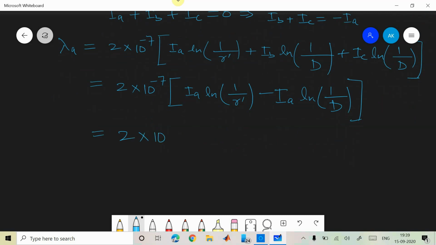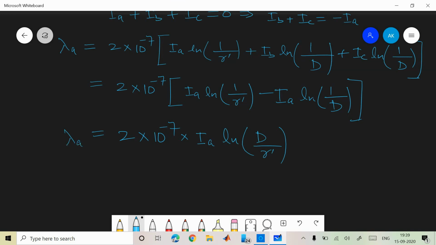It is 2 into 10 raised to power minus 7. Here IA is common. Now what is left is ln 1 by R dash minus ln 1 by D, meaning ln A minus ln B, and ln A minus ln B is ln A by B. So ln of 1 by R dash divided by 1 by D gives D by R dash. Okay, so this is your lambda A.